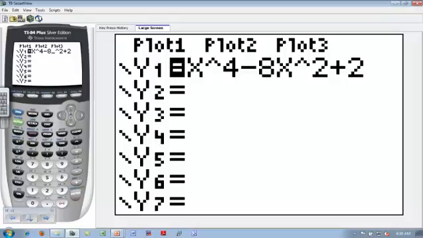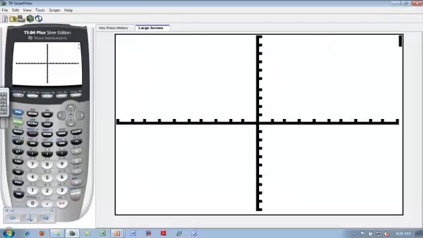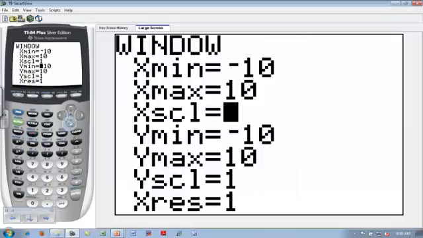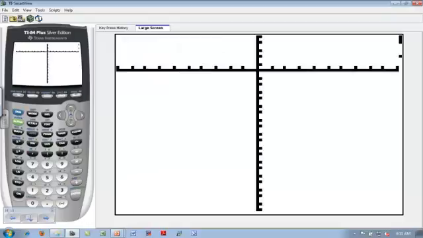Are we good? How about we go ZStandard? I think we're missing some stuff here. I think we need to go a little bit further south. So how about window, and I'm going to adjust my x min to negative 20. I think we can go x max to 5. Let's look at the graph now.